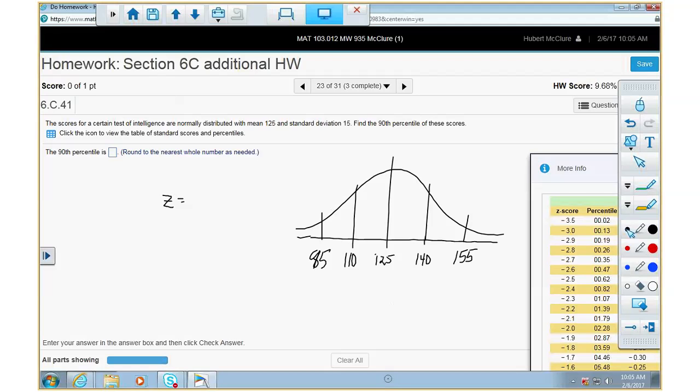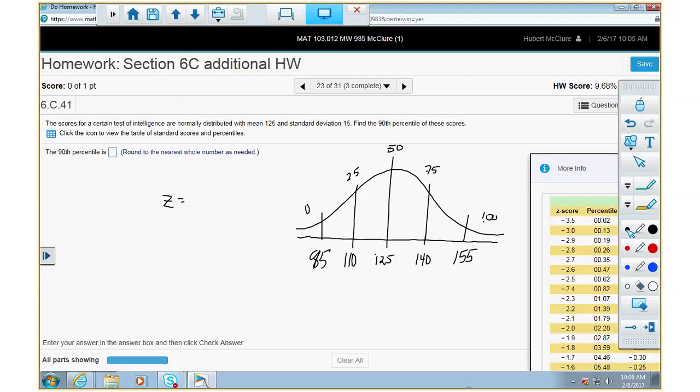Now it says find the 90th percentile. So here's where we got to go to our handy dandy gas tank. We know that this is around 0. We know that this is around 25. This is around 50. This is around 75. And this is around 100. Okay?